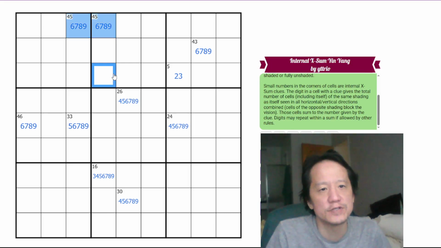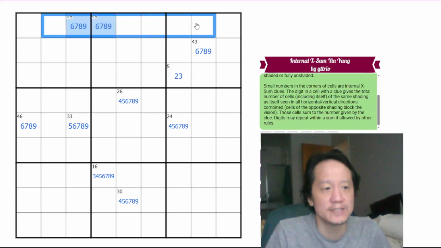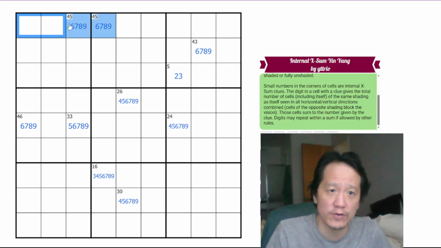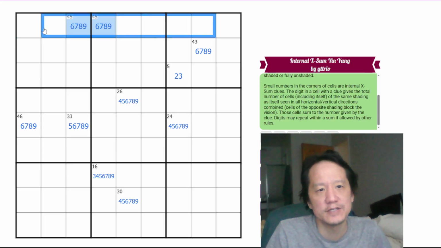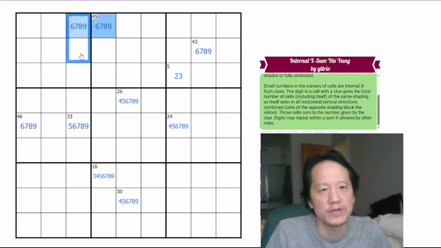So if these are the same shading, the problem is the set of digits they see here are the same. And they add up to less than 45, because if they were both 45, these would be exactly the same digit, right? So these add up to less than 45, so both of these must be going to see something this way.